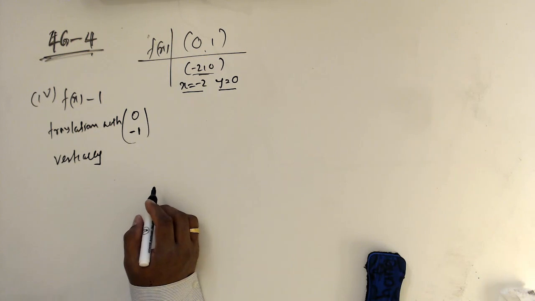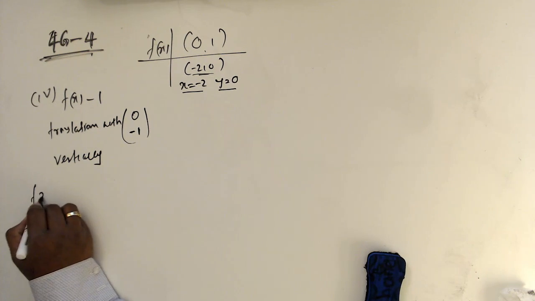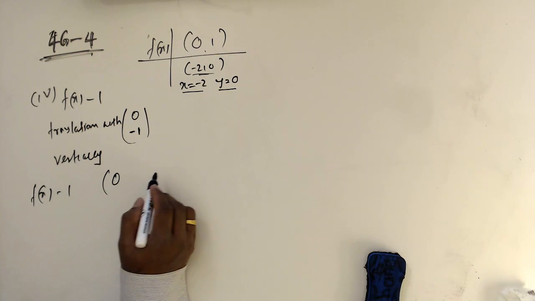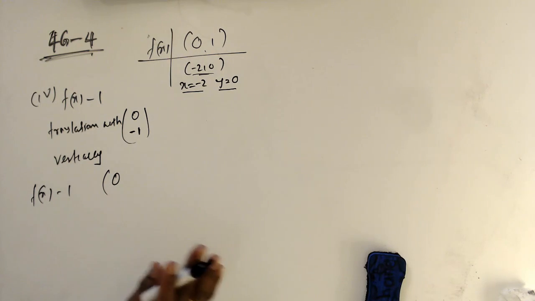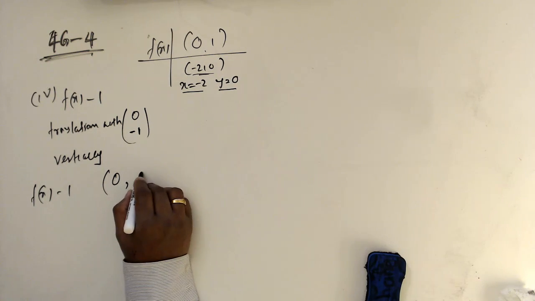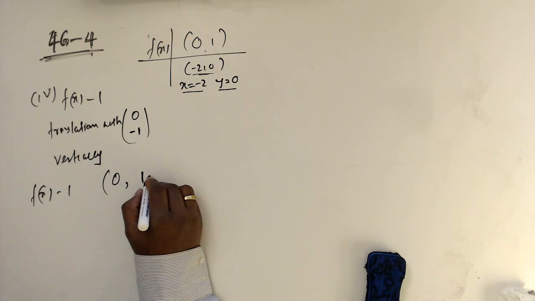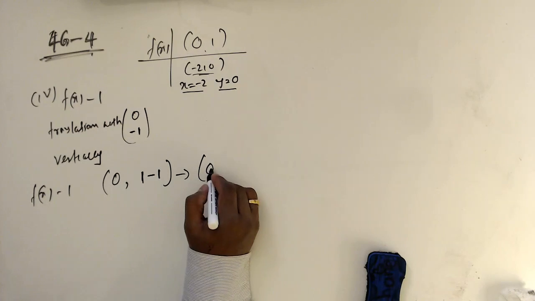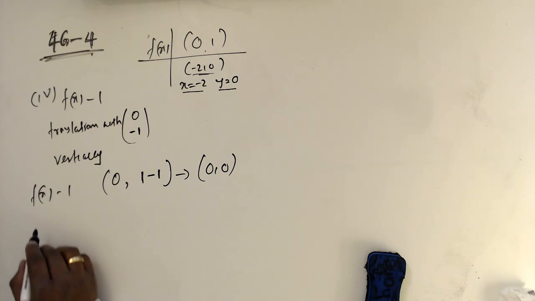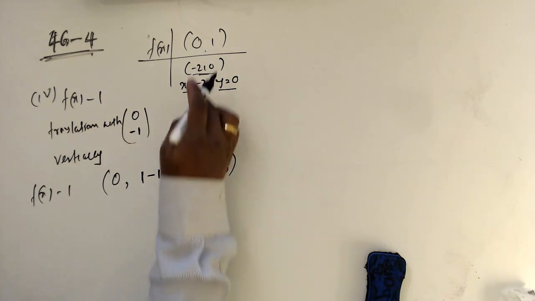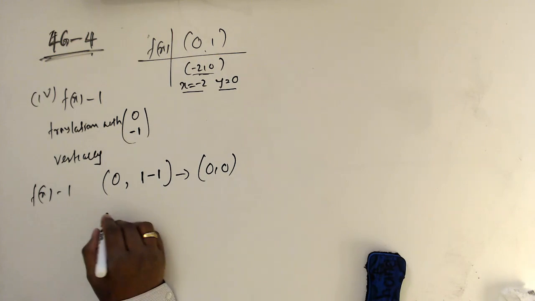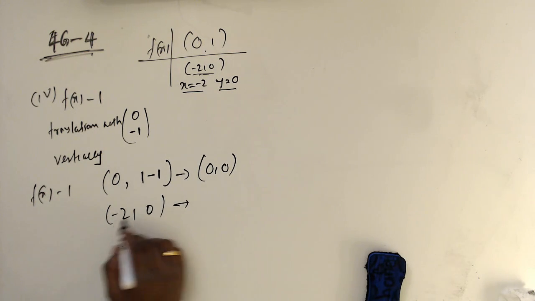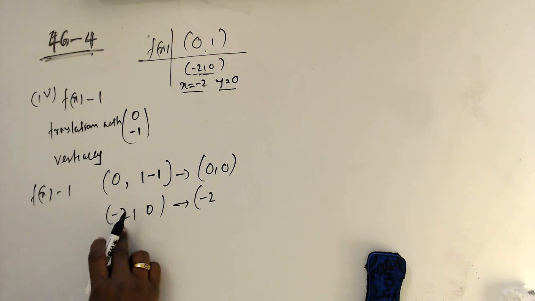Now, in terms of f(x) minus 1, I'm considering this point. The x value is as it is, I'm not touching. Then the y value has to be reduced by 1. Then the point is going to be 0, 1 minus 1 is 0. Then I'll get this asymptote point, to get an idea. Minus 2, 0. X equals minus 2, I don't touch x values.